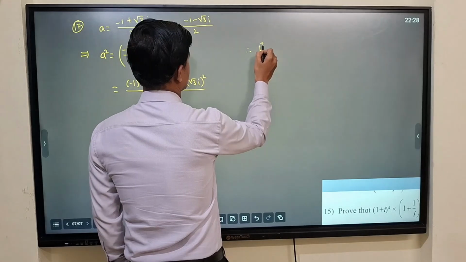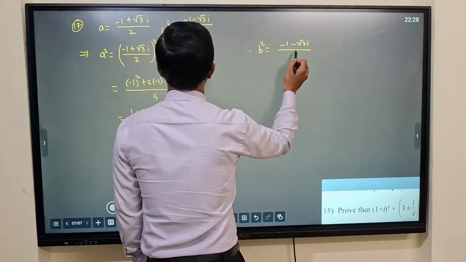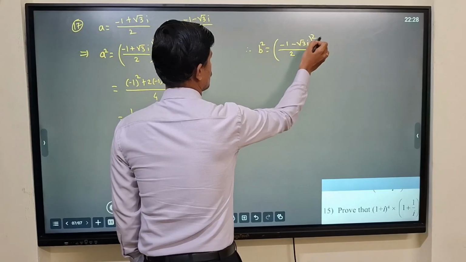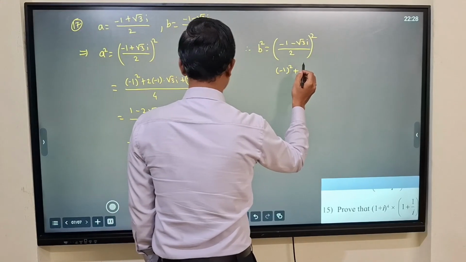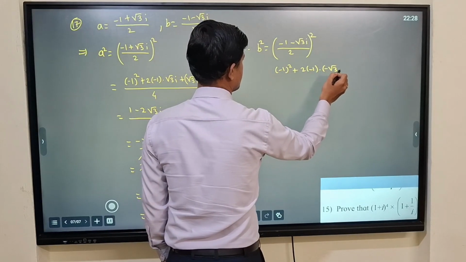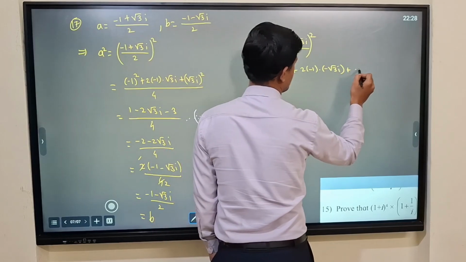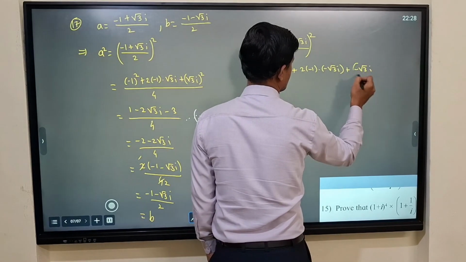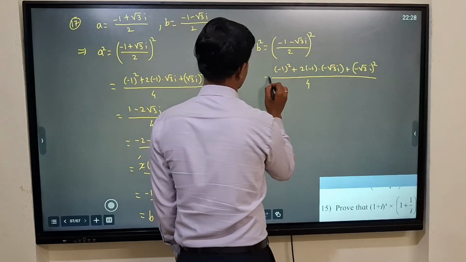Therefore, b square is simply minus 1 minus root 3 i upon 2 whole square. So this becomes minus 1 square plus 2 into minus 1 into minus root 3 i plus minus root 3 i whole square upon 2 square, which is 4.